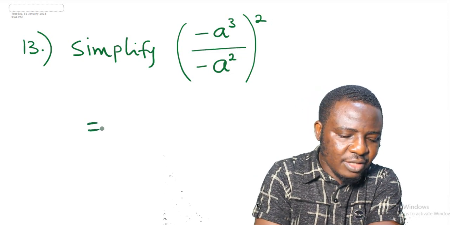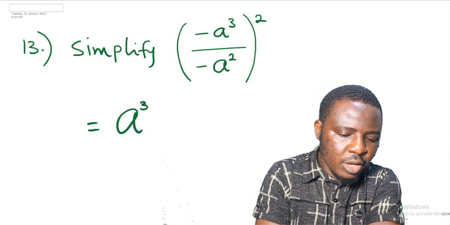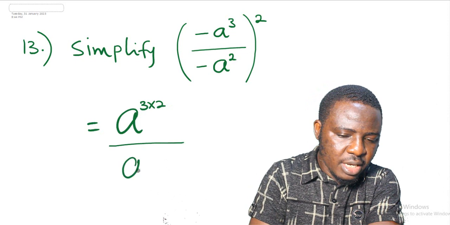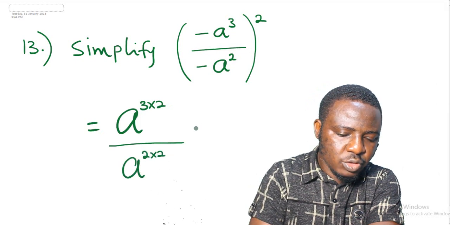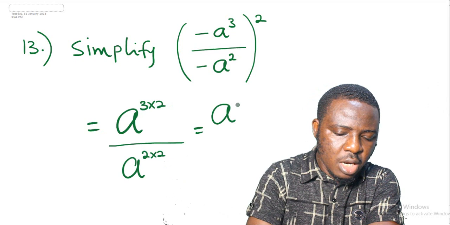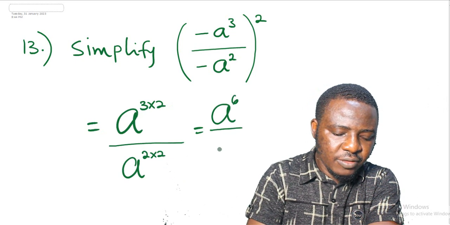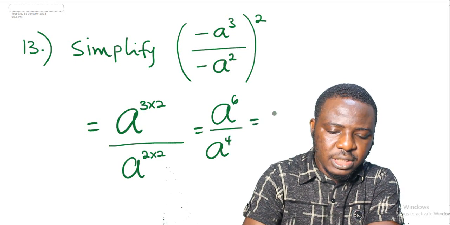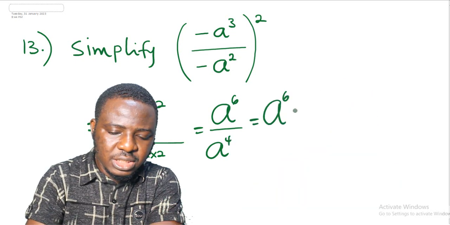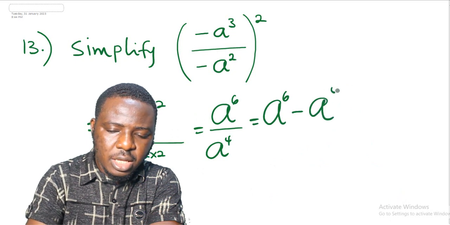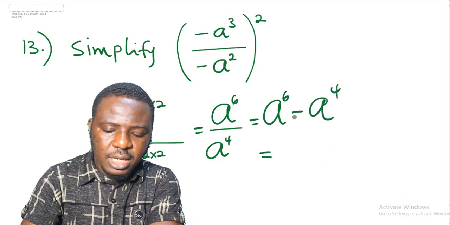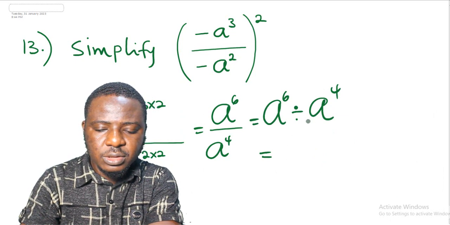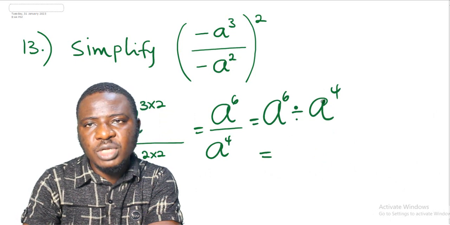So this can be simplified to a cubed times 2 divided by a squared times 2, which is equal to a to the power 6 divided by a to the power 4. And remember, in the subtraction law, if it is division, you subtract the powers.